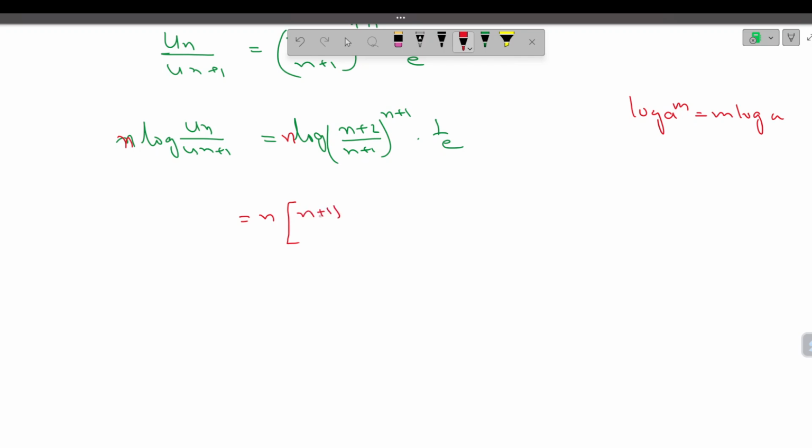So n plus 1 into log of n plus 2 by n plus 1, and we apply log for both sides. Log of a to the power of m is m log a. This is log e. 1 by e is minus log e.